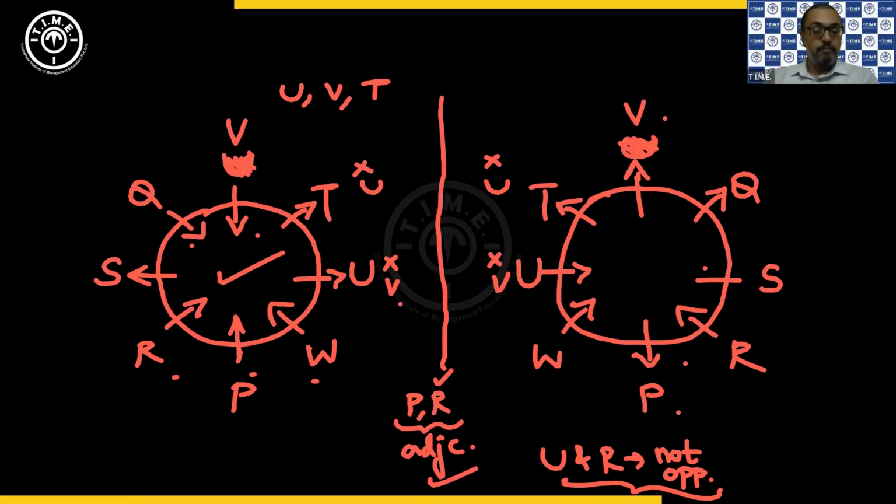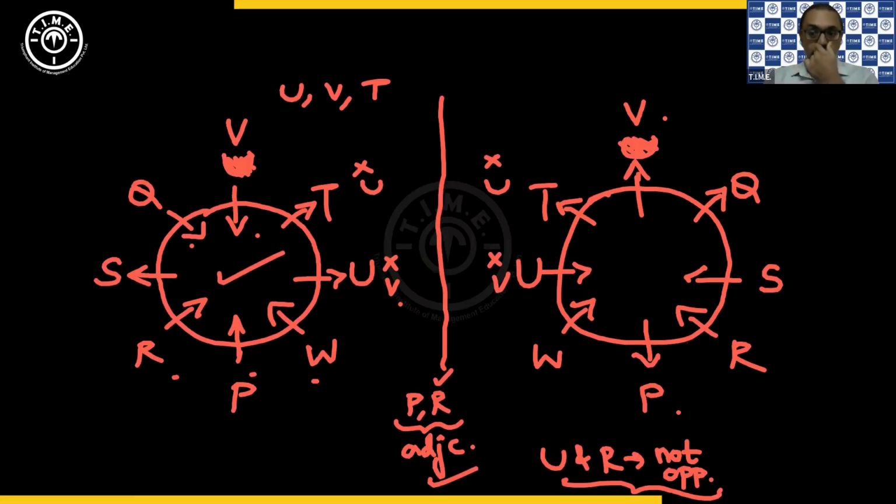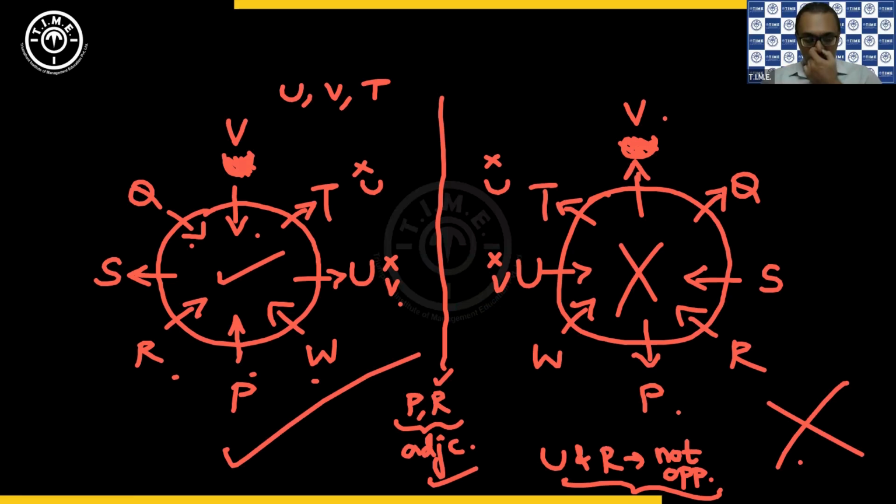So T will be away. Correct. And then S and Q opposite, so S will be towards. So here, unfortunately, I am not getting 5 people towards the center because there are only 4 people towards the center. The remaining are away from the center. Correct. So only the left-hand side is available for us. Understood? Yeah.